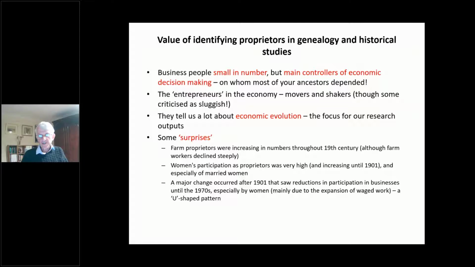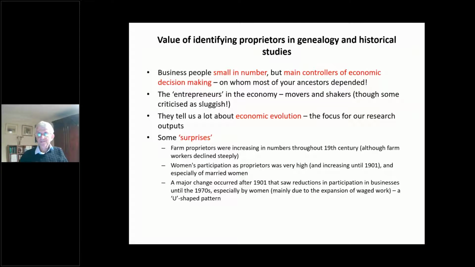But actually that's not entirely true. And we've found, as you'll see, that women are quite a large proportion of the total proprietors in the population, especially married women. The other surprise in all of this is that the entrepreneurship rate, the number of people who are entrepreneurs in this period, was very high.